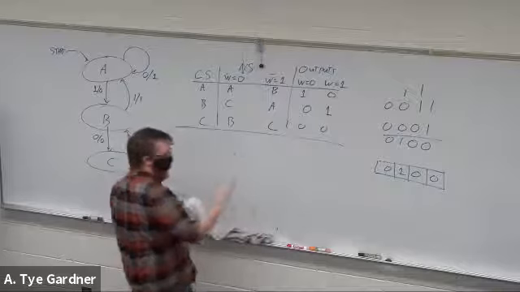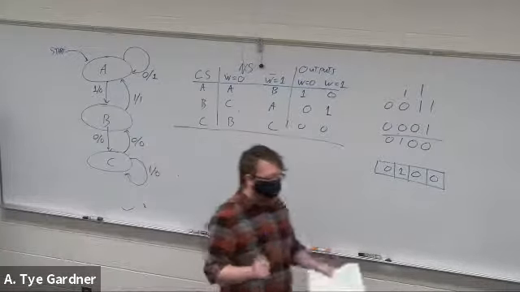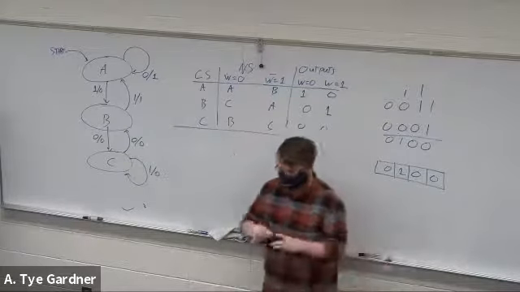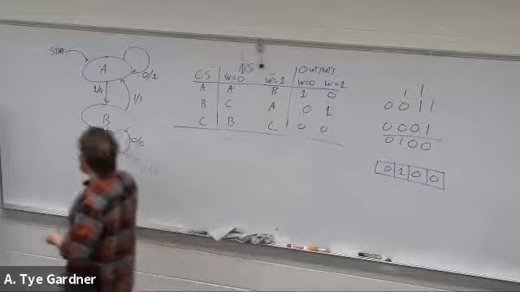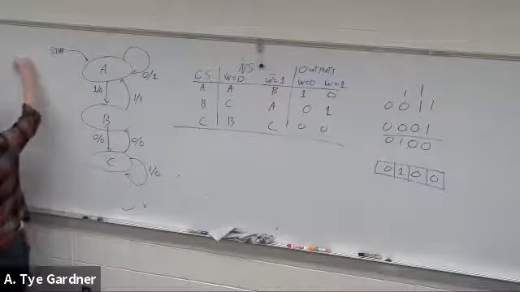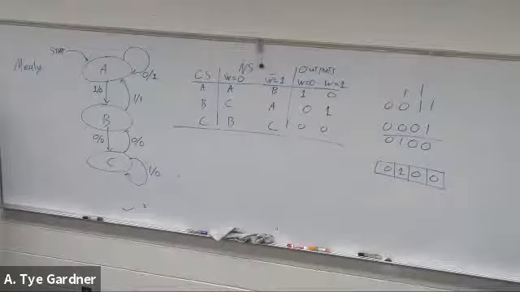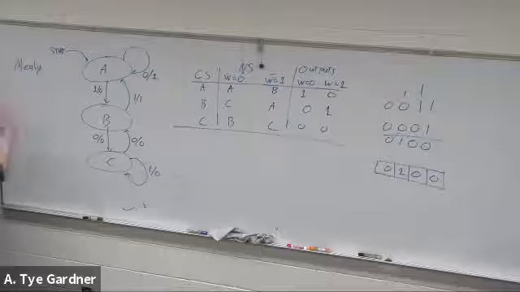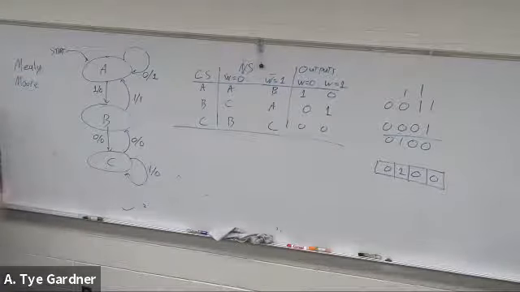So everything I've explained so far is actually one particular type of state machine. That type of state machine is called a Mealy state machine. There is another kind called a Moore, with two O's, Moore state machine.